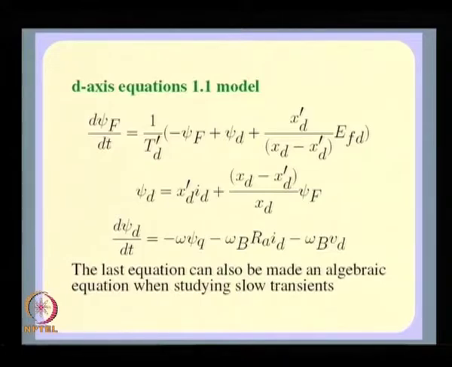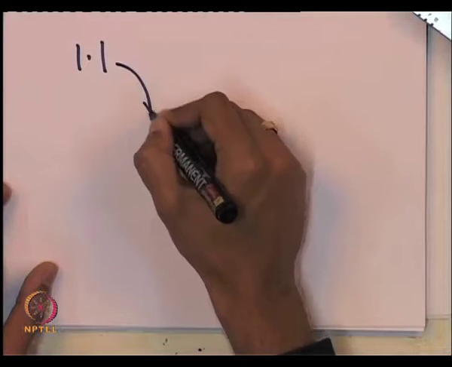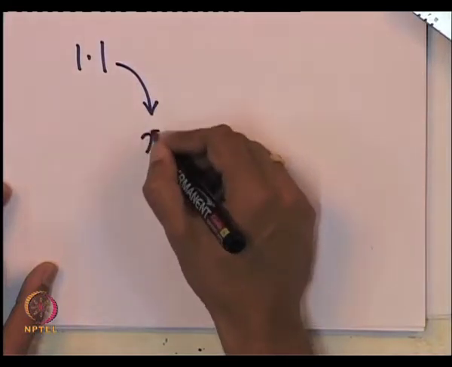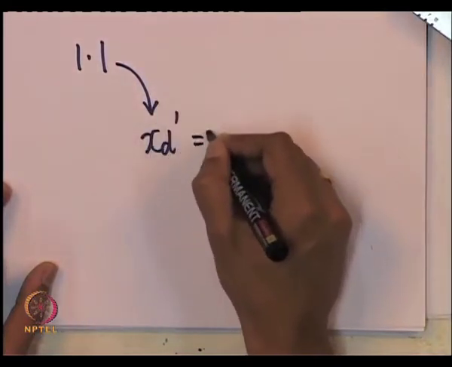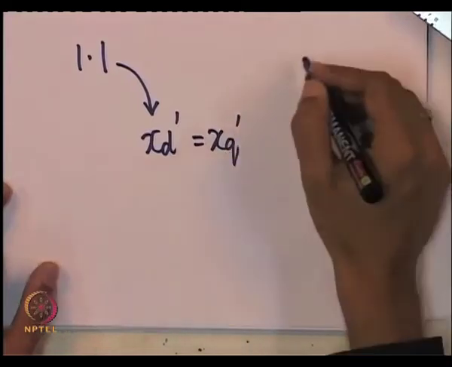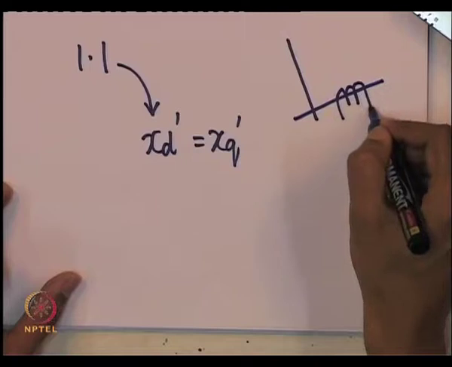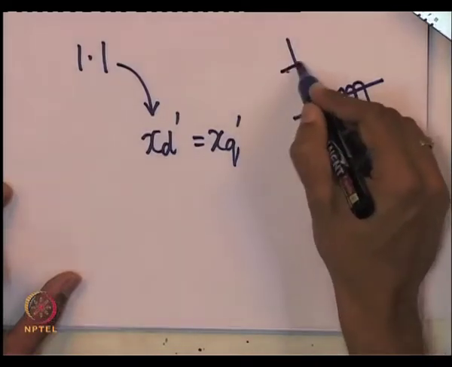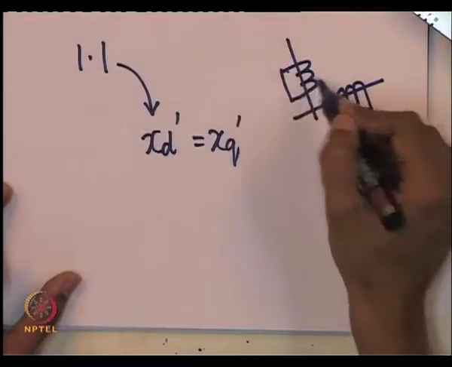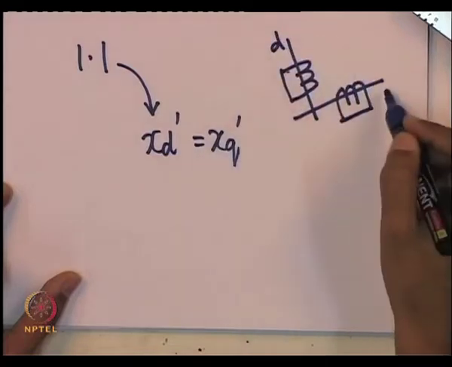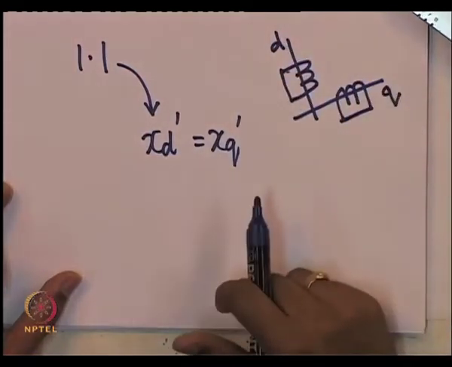The answer is yes. From the 1.1 model, equate x d dash and x q dash. A simple induction machine model could be made by considering one damper winding on the d axis and one damper winding on the q axis.